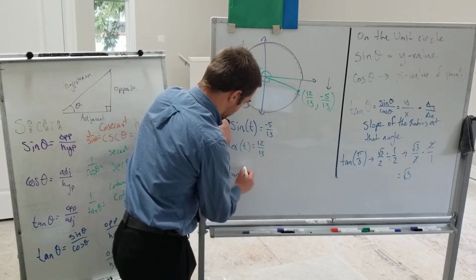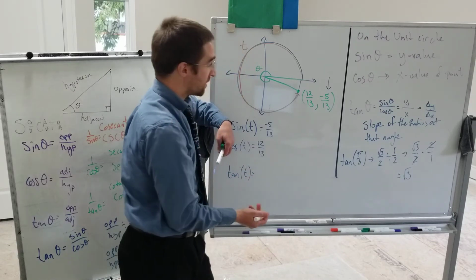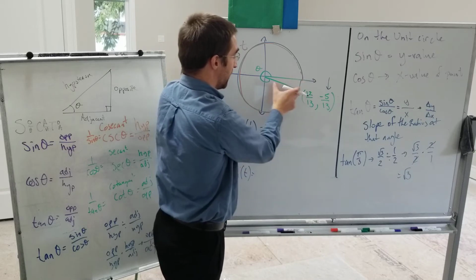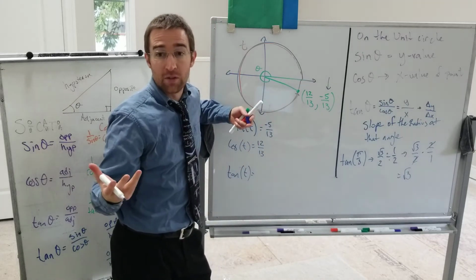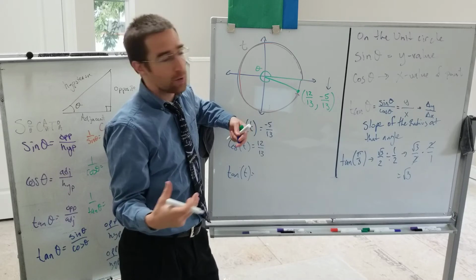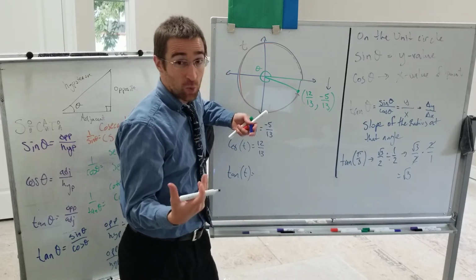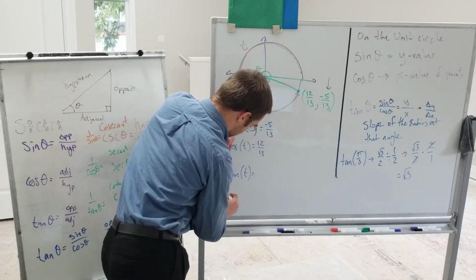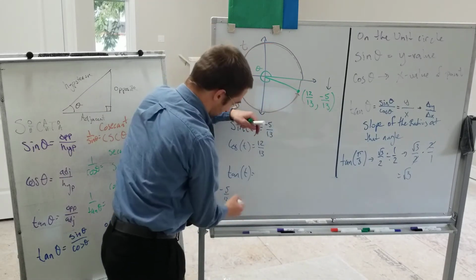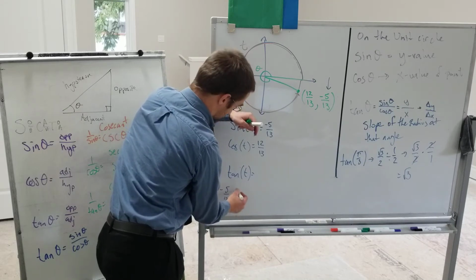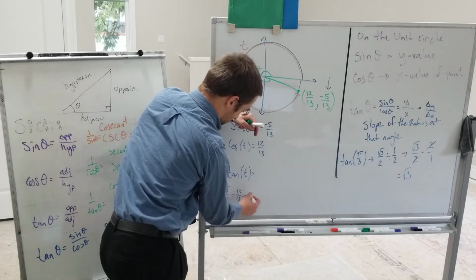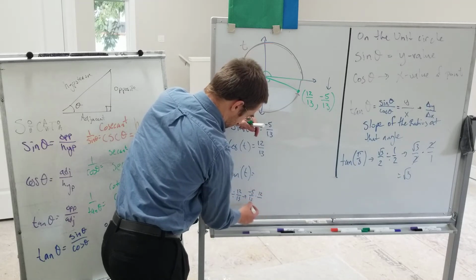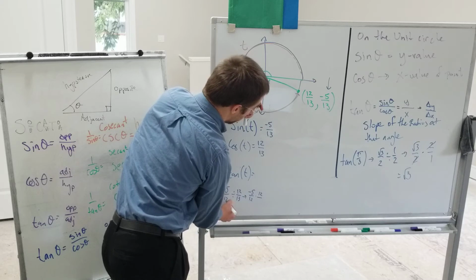If I want to find the tangent of t, it's going to be the slope of this line, or it's going to be the y value divided by the x value, because we start at 0, 0, right? We're changing y, changing x for slope, but because we start at 0, 0, it's just the y divided by the x. So I'm going to go negative 5 over 13, that's my y value, divided by 12 over 13.